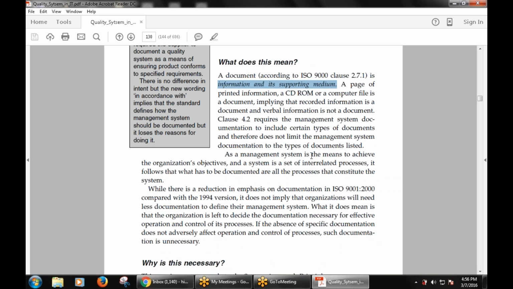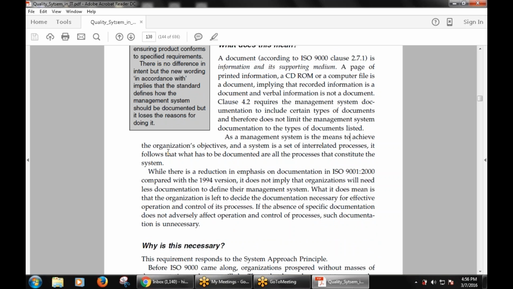And a management system is a means to achieve the organization's objectives, and the system is a set of interconnected processes. What is the main role of the management system? To achieve the organization's objectives.